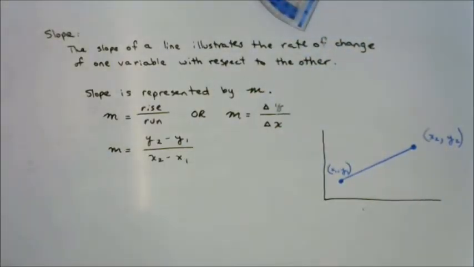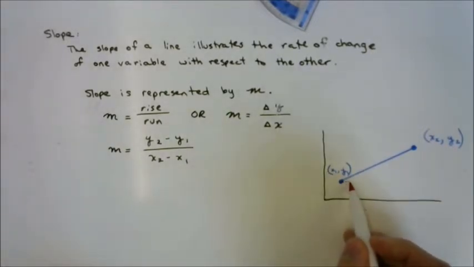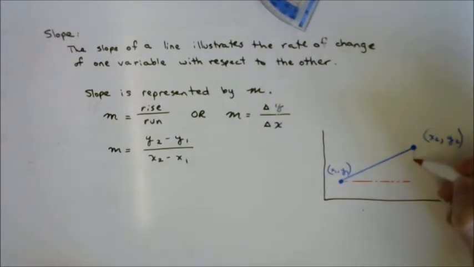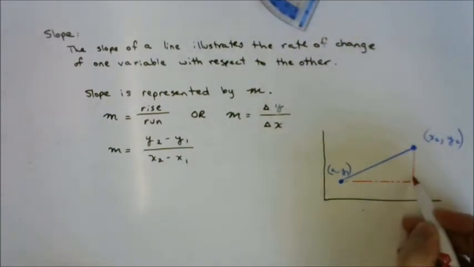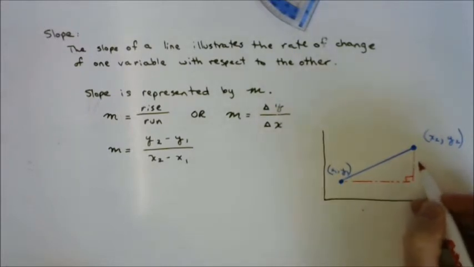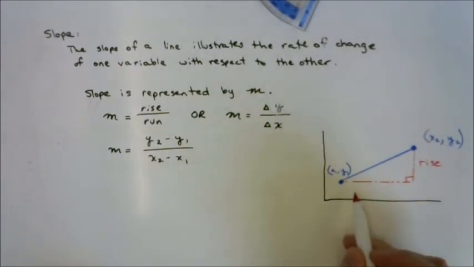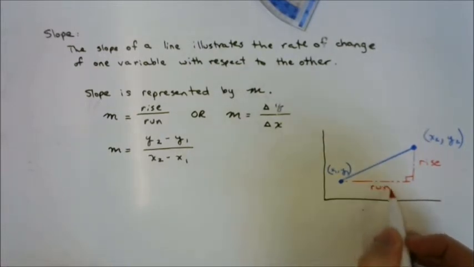Okay, we now have a line segment. And what am I going to draw in order to represent its rise and run? A dotted right angle triangle. On this vertical length, that's the change in y, so that's our rise. The horizontal length represents our change in x, that's our run.